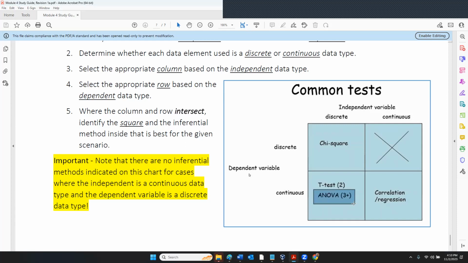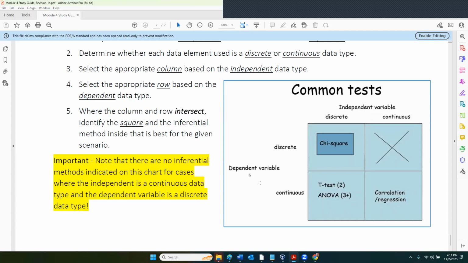The ANOVA allows us to determine if there are relationships between three or more quantities, three or more variables. I love genetics because it's so straightforward, and a lot of times people are trying to see if there's a relationship between one genetic trait and another, and you read about chi-squares all the time.